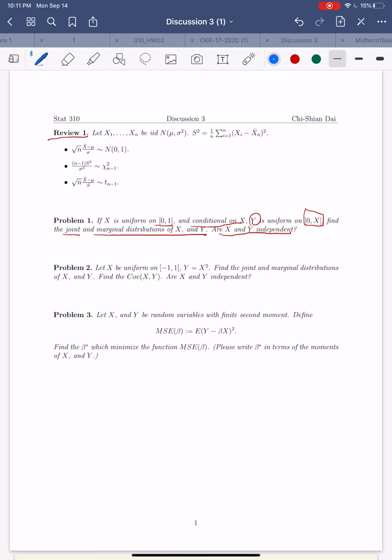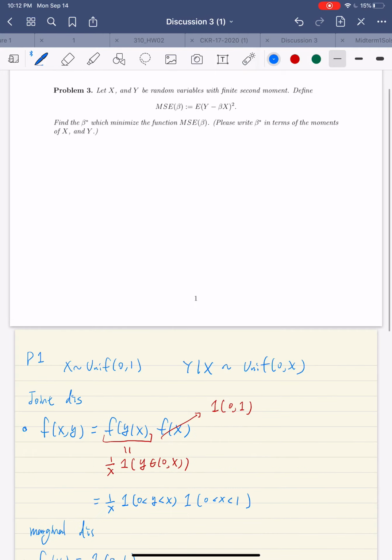For question 2, x is uniform from -1 to 1, and y is x squared. We also want to find the joint and marginal distributions of x and y, and the covariance of x and y, and we want to ask whether x and y are independent.